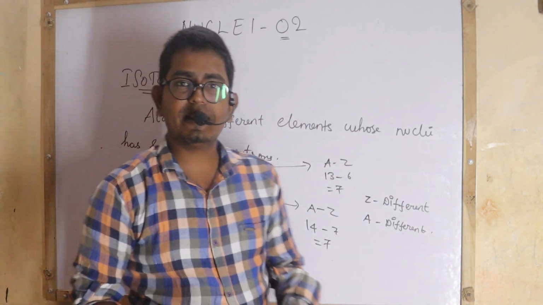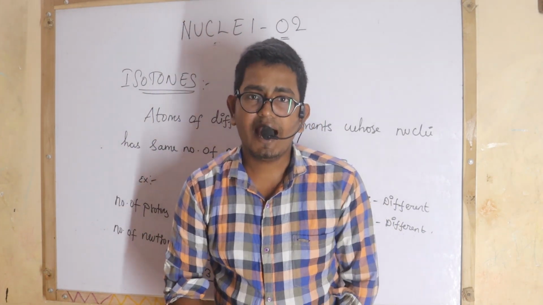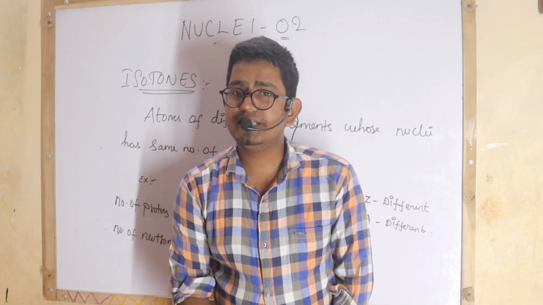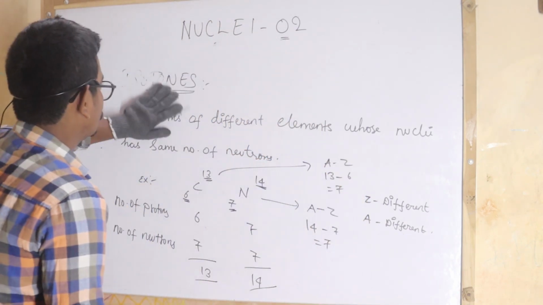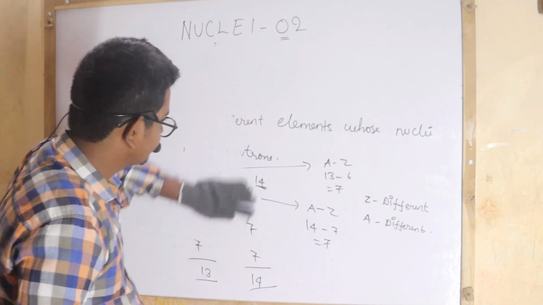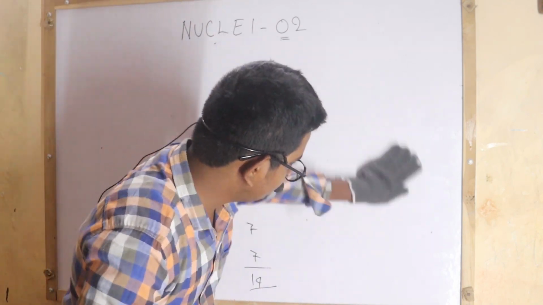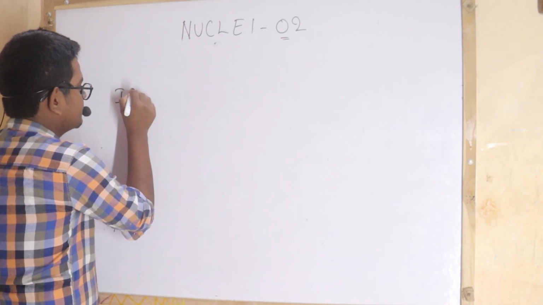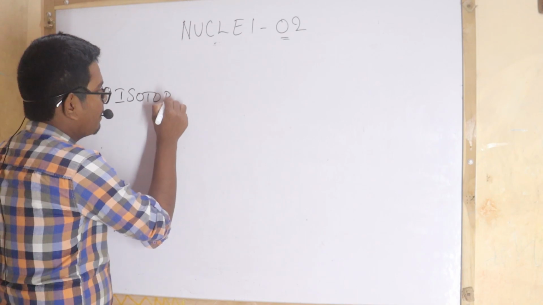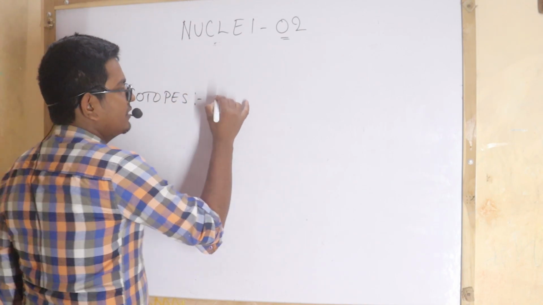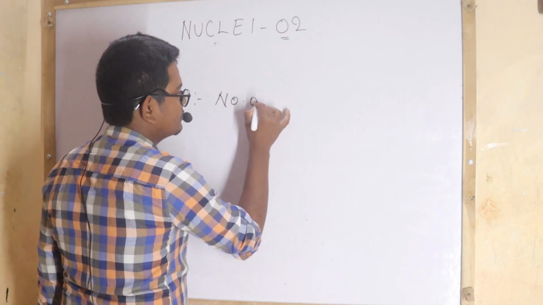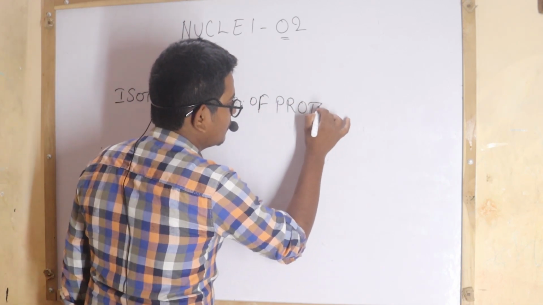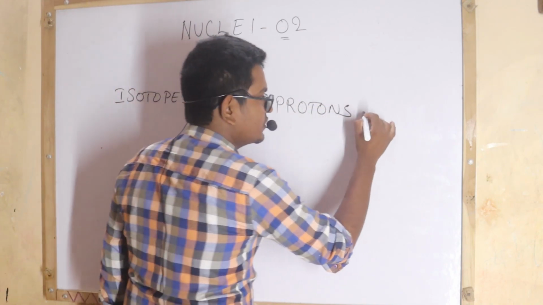Right? So I'm just summarizing. We studied about isotopes, isobars and isotones in this video session. Isotopes, I'm just giving you a short conclusion. In isotopes, number of protons should be same.